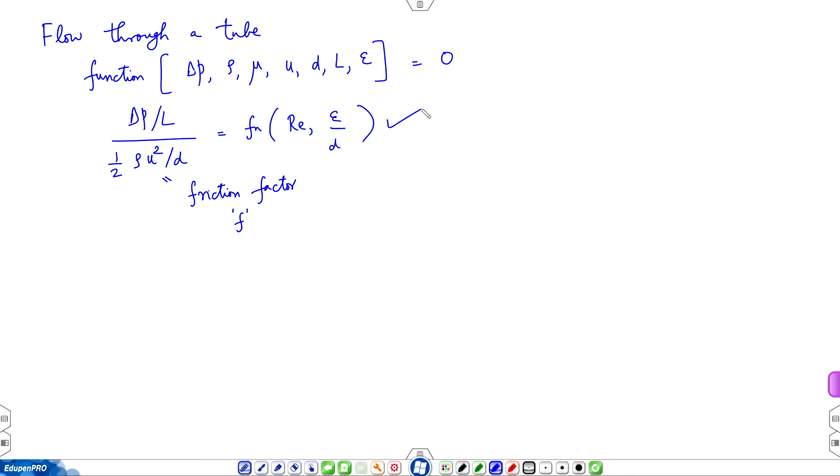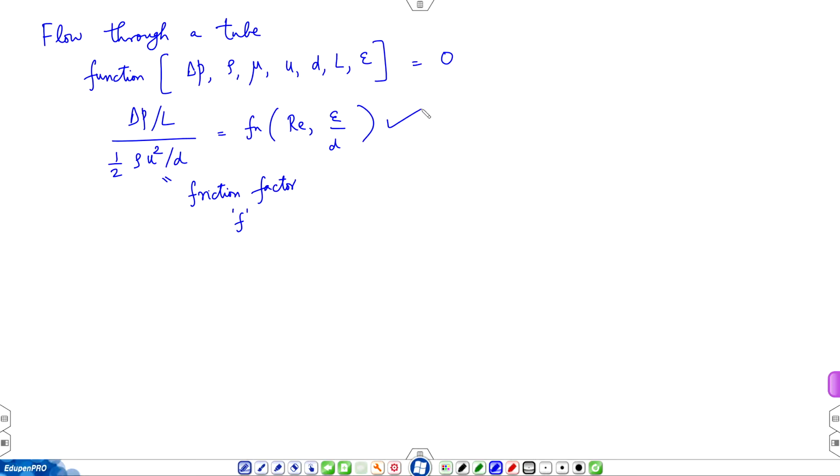That is to say, if epsilon over d for model equals prototype, Re for model equals prototype, then friction factor for the model will also be equal to prototype. Then with that value of F, you continue carrying out prototype analysis. So, we looked at many examples, water being pumped out of a well or a reservoir driving a turbine. So, many such examples were looked at.